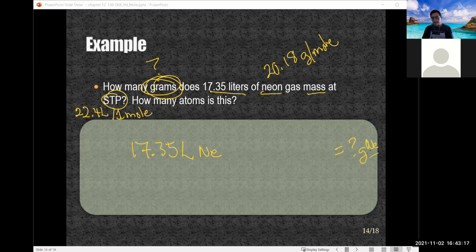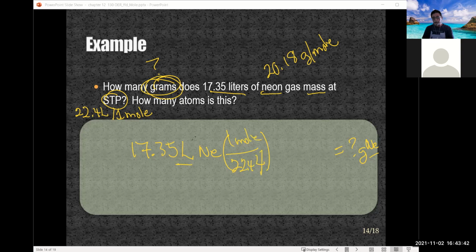That's my map, the direction I need to go, from liters to grams. Obviously I cannot go from liters to grams without getting to moles. And the only way I can do that is to realize that I'm at STP, and so that's 22.4 liters in 1 mole.